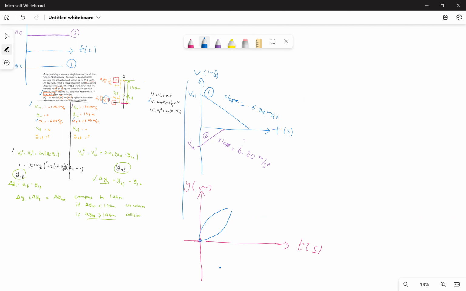Let me look at the slope here. This is the slope, it is zero. Then the slope increases. Is that so? This is the slope here, and the slope increases as time progresses.